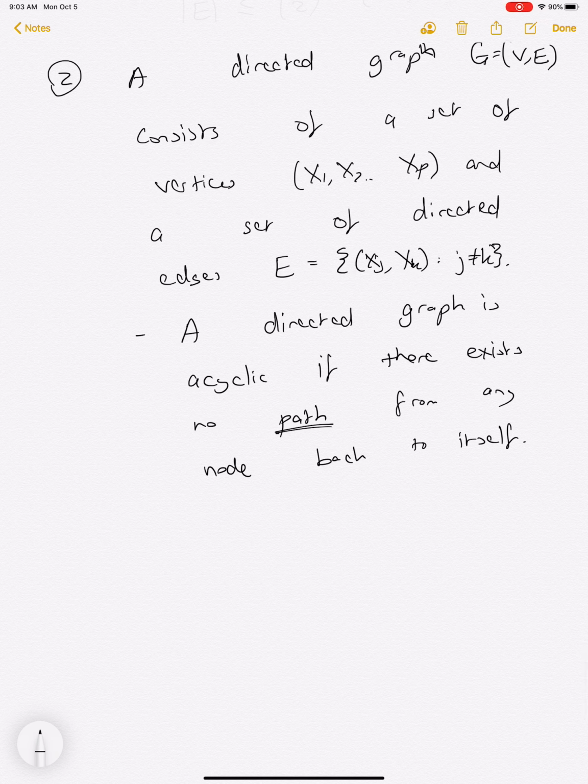It's probably easier to actually think of the intuition for it. A path just means you walk along the graph from xj back to itself.